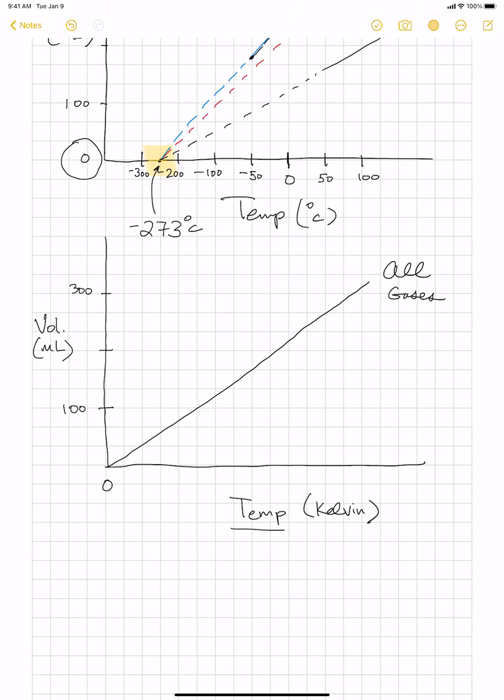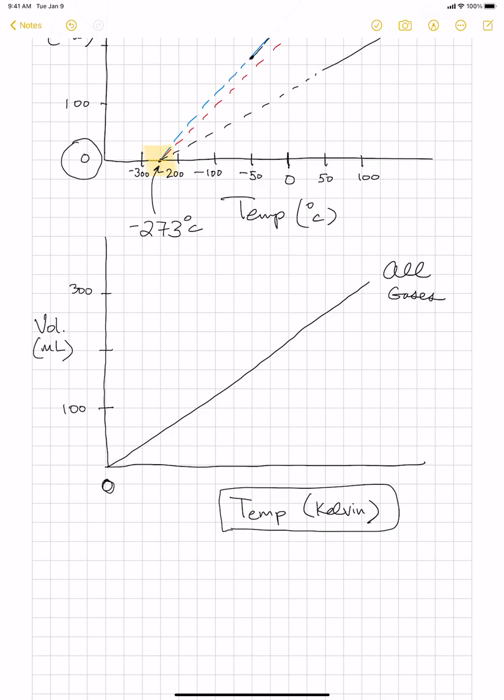You can see the Kelvin Scale on the x-axis here.